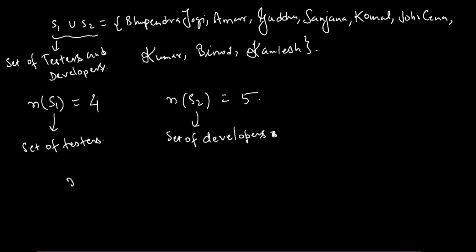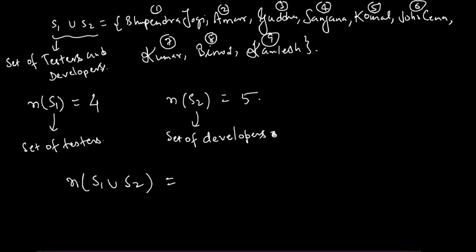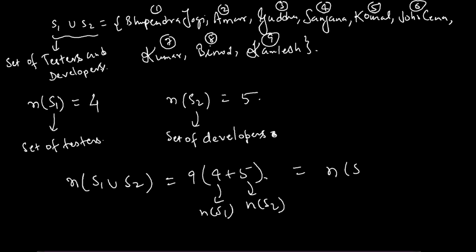So what is the number of elements in S1 union S2? As you can see, 1, 2, 3, 4, 5, 6, 7, 8, 9. So this is equal to 9, which is obviously 4 plus 5. 4 is the number of elements in S1 and 5 is the number in S2, so it equals number of S1 plus number of S2.